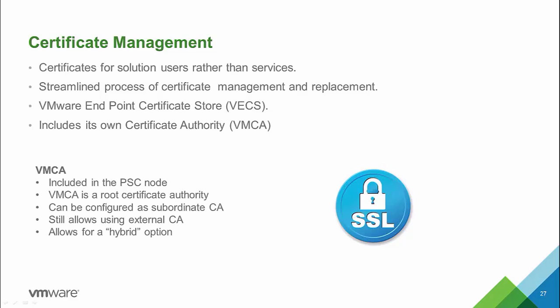Alternatively, you can also use a hybrid option in which you can use VMCA issued certificates for the internal components and certificate authority signed certificates for the public facing components, as an example for the web client.